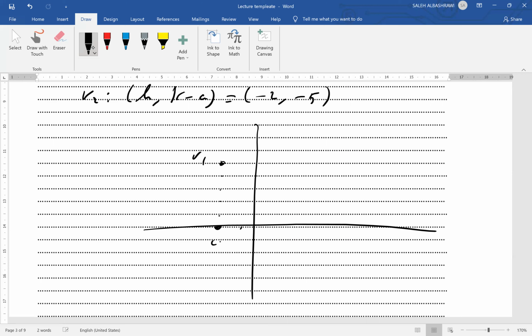And minus 2, minus 5, V2. The focus is F1, which is minus 2 and minus 4, and F2, that will be minus 2 and 4. So this is the ellipse for this exercise.